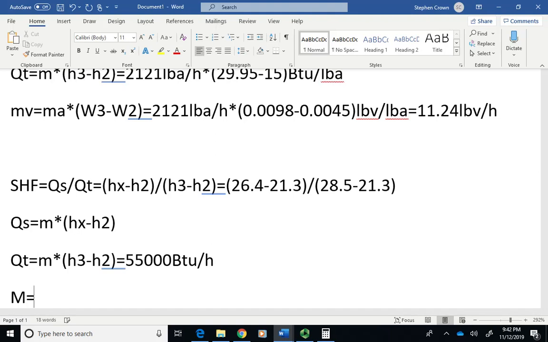So M equals QT divided by H3 minus H2, which is 55,000, H3 is 28.5 minus 21.3.